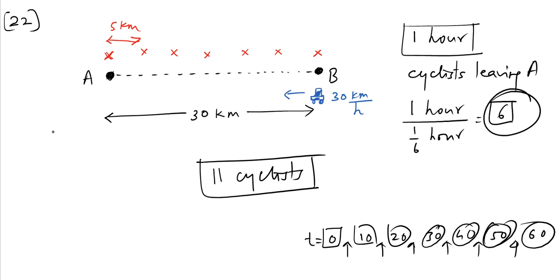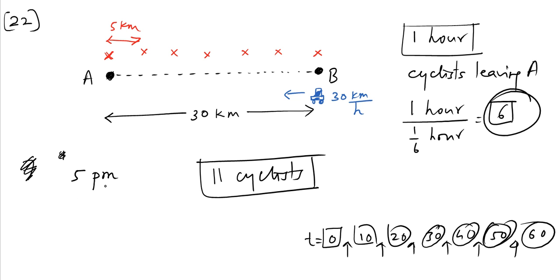Now in this 1 hour you have 7 cyclists who set out from A. That's for sure. So if the motor car leaves B, for A, let us say it leaves B at 5 p.m., just as an example.